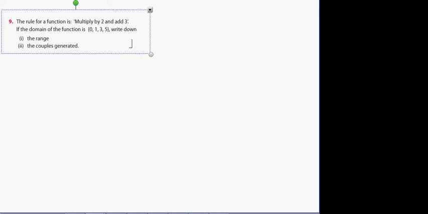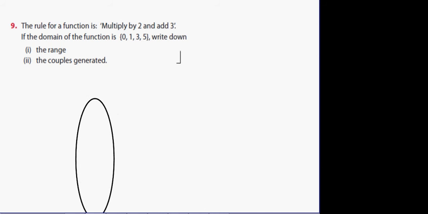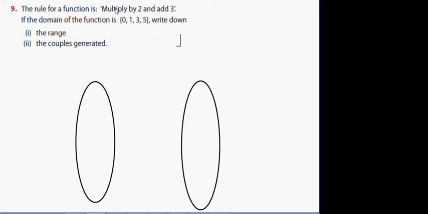Number 9. The rule for this function is multiply by 2 and add 3. Okay, multiply by 2 and add 3. Let's see what happens. 1 and 2. The domain of the function is, domain is another word for what? The inputs.